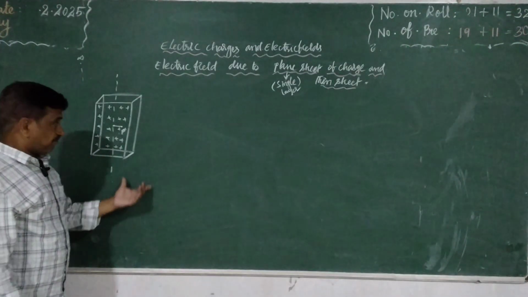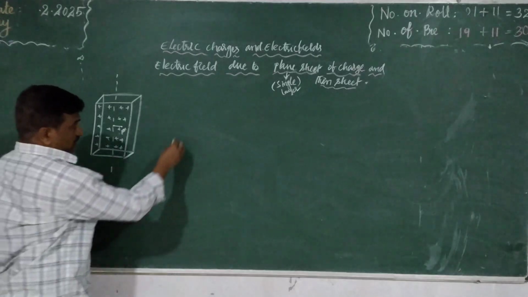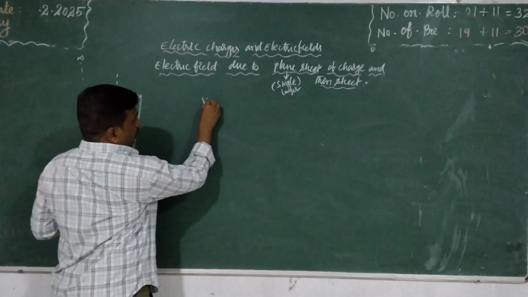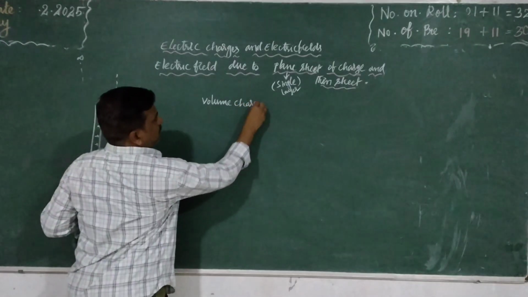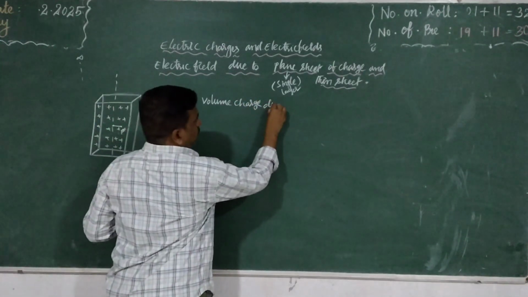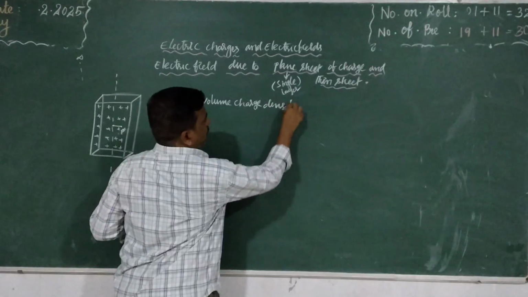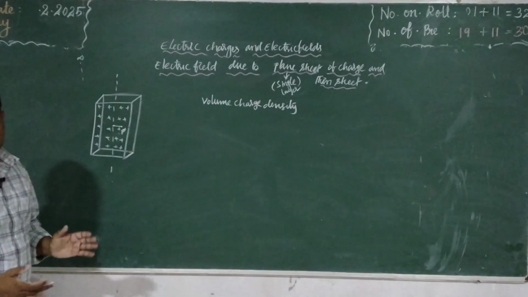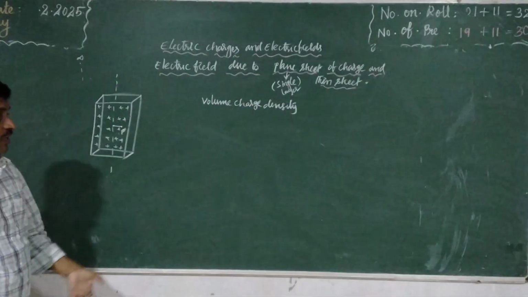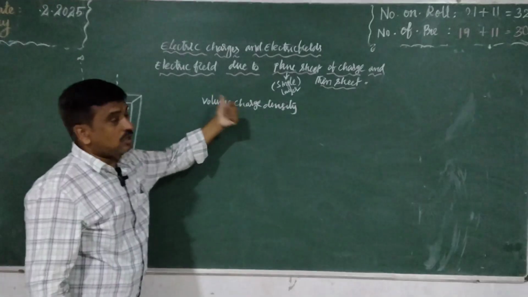For this we can use volume charge density. Why are we using it? It is not a plane sheet, it is a thin sheet, so this thickness is there. So we use volume charge density.